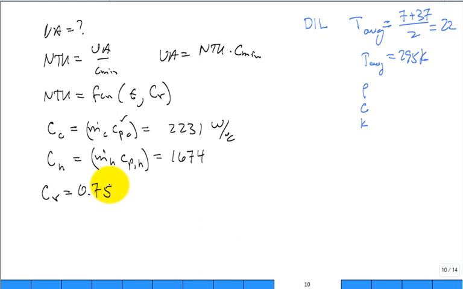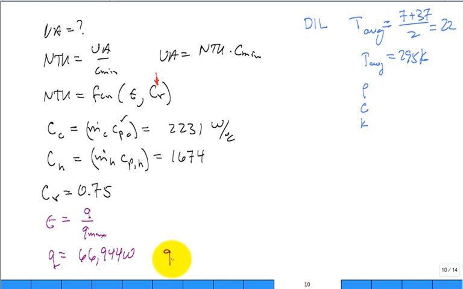All right, so we have this part. I need to get the effectiveness. The effectiveness is the actual Q divided by Q maximum. What is my actual Q? The actual Q is known: it's 66,944 watts.